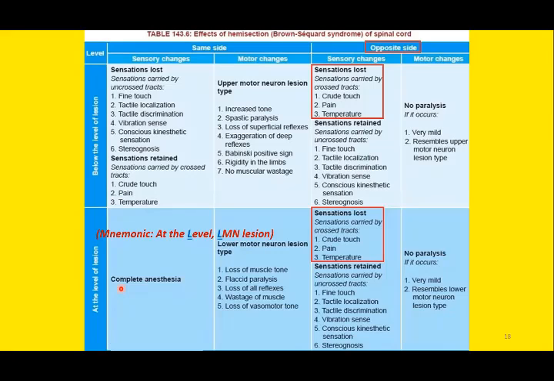So in Brown-Sequard syndrome, most of the sensory and motor changes are observed at the level of lesion or below the level of lesion.